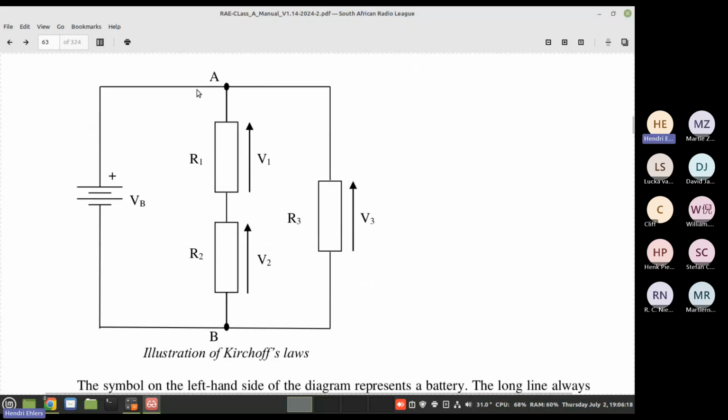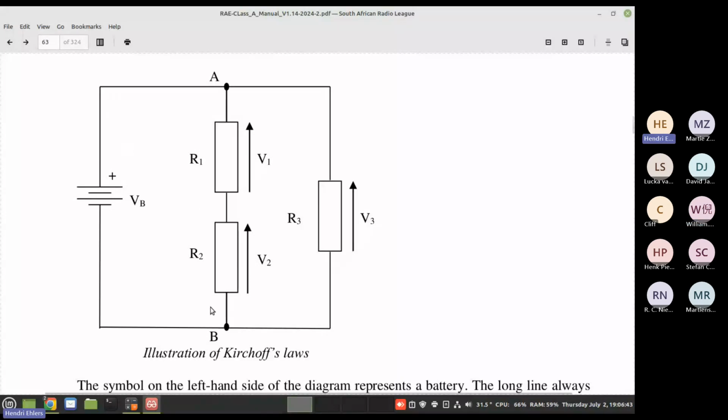So if we have a battery, this is the symbol for a battery, and the longer line is the positive and the shorter line is the negative. This particular one will represent a 2-cell battery. For argument's sake, this battery is 10 volts.